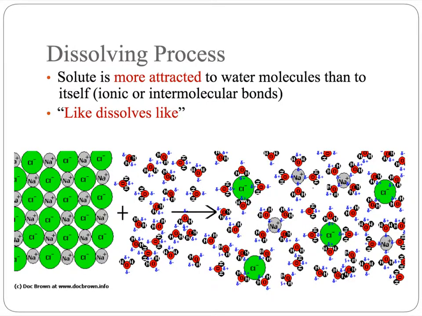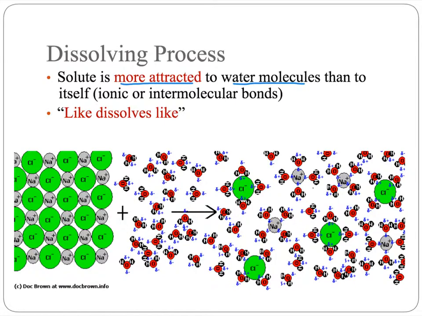Dissolving is all about attraction. A solute will dissolve in a particular solvent when it is more attracted to the molecules of the solvent. Here I said water molecules since we do aqueous solutions so often in lab. But the solute is more attracted to the water molecules than it is to itself.